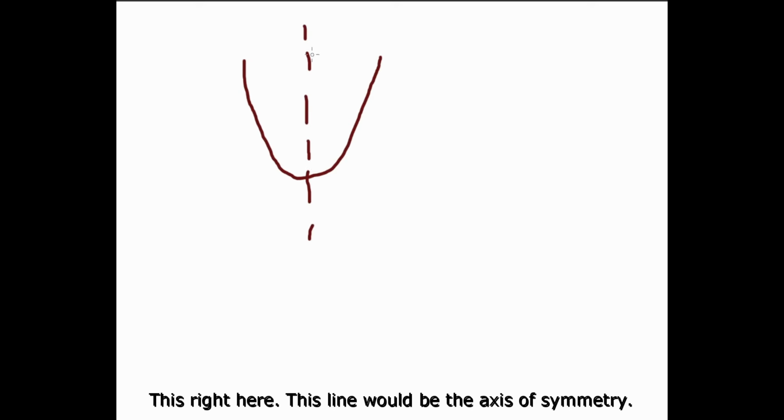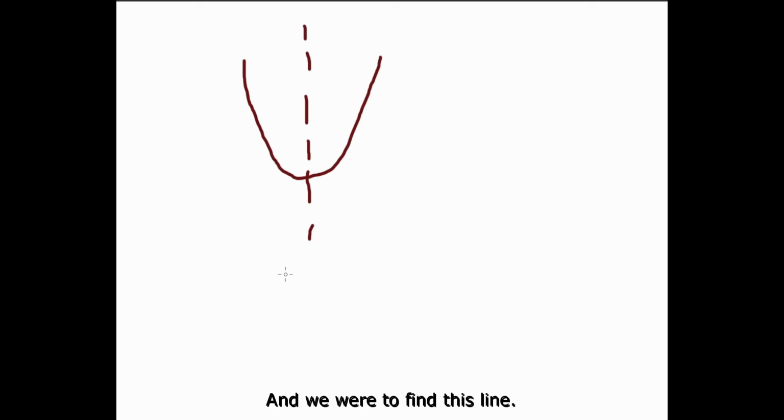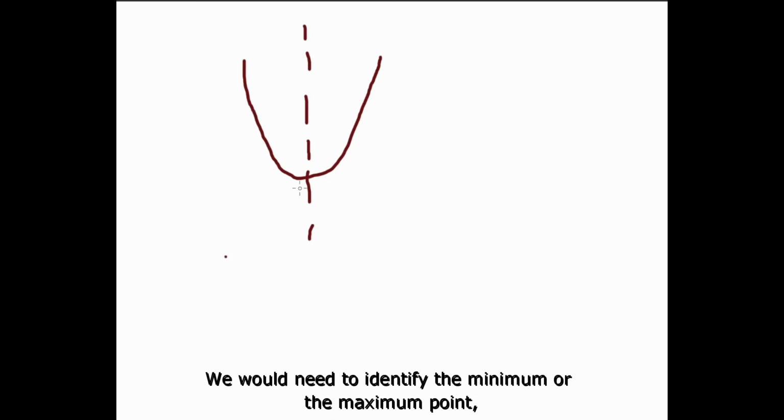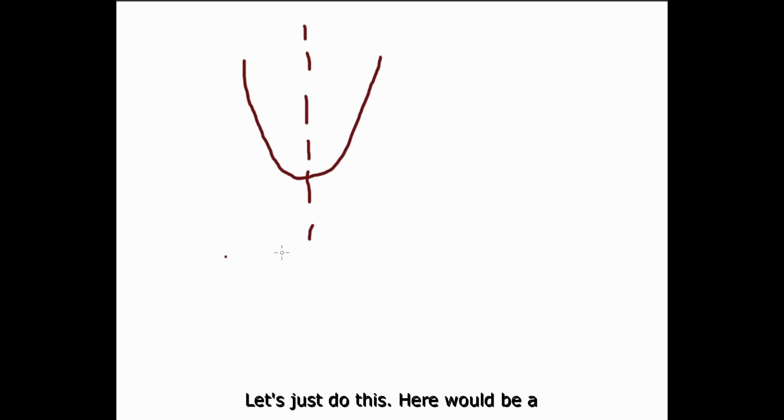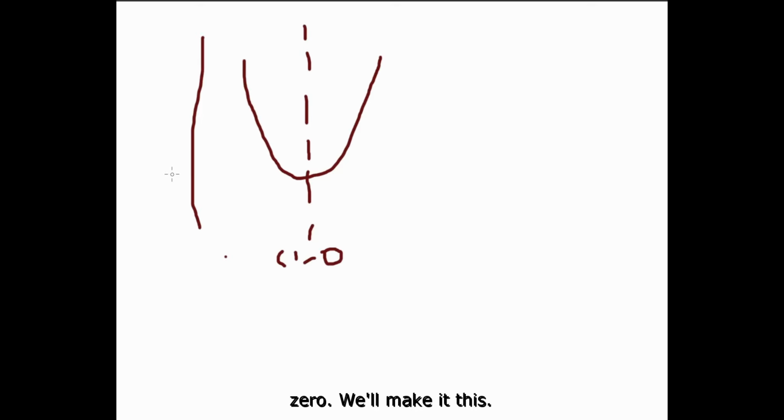Let's assume this is a perfect looking graph and is perfectly equal in size and shape. This right here, this line would be the axis of symmetry, and if we were to find this line, axis of symmetry, we would need to identify the minimum or the maximum point depending on what kind of graph shape it is. So if the minimum point for here would be, let's say, 1, and the y value, let's say it's 0, we'll make it this.